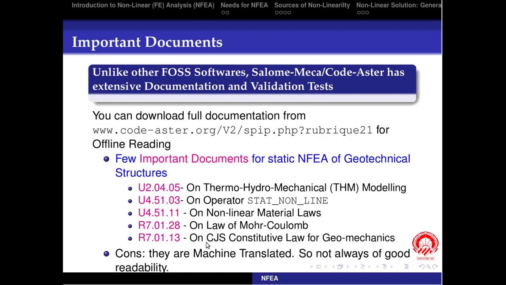And we can find the parameters for the CJS constitutive law, CJS1 for that matter. There are 4 types of CJS laws. For CJS1, the parameters can be obtained from the Mohr-Coulomb values, that is c, phi, and the angle of dilation also. So you should be familiar with these documents at least before solving the problem.